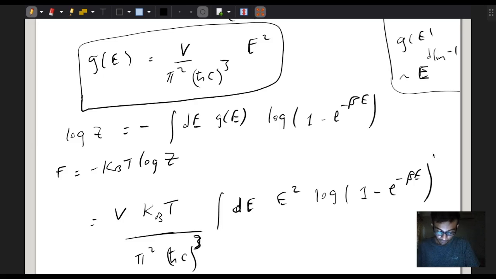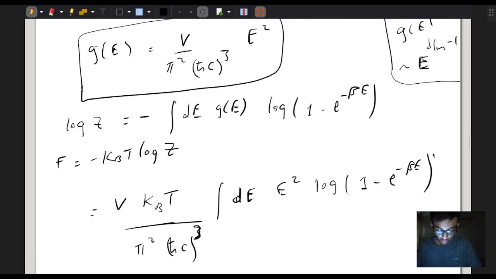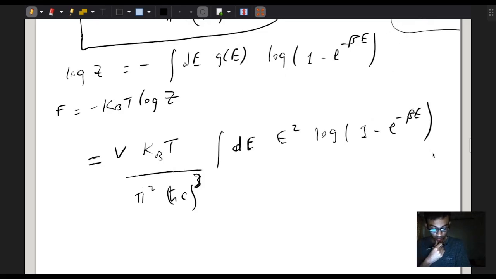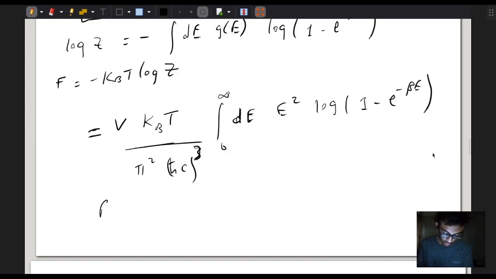Once we have the free energy, we can calculate any thermodynamic quantity we want. But before we go to the next steps, let's write this as an integral over a dimensionless quantity. Quite naturally, we can just use the temperature scale beta to do this.